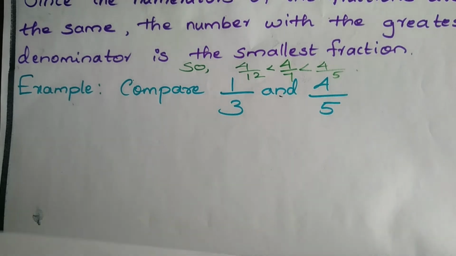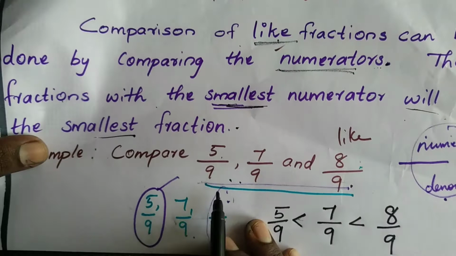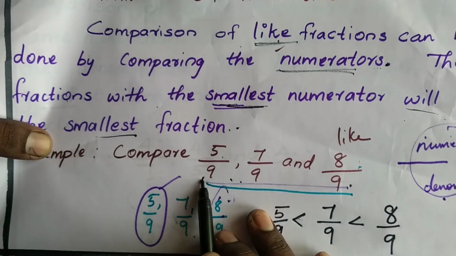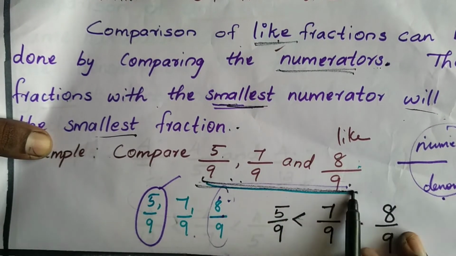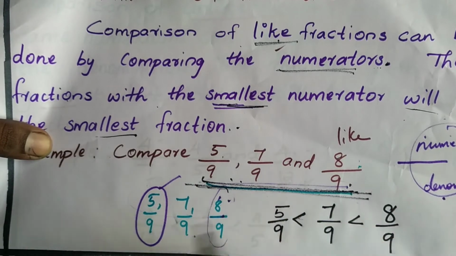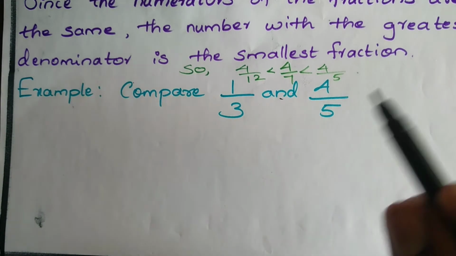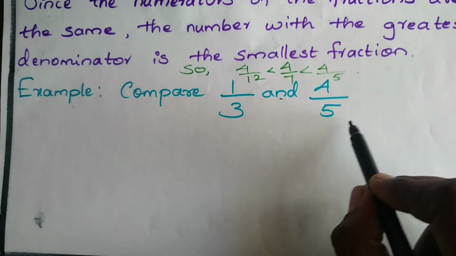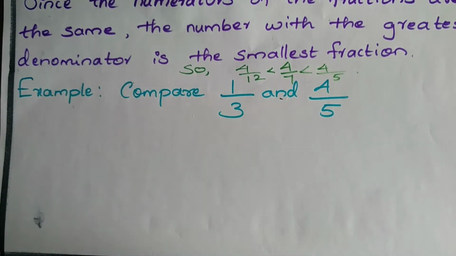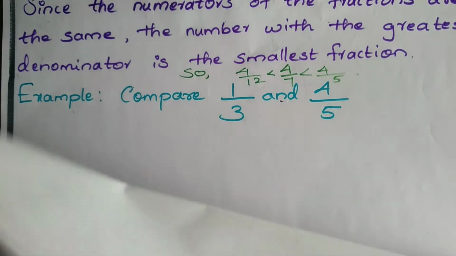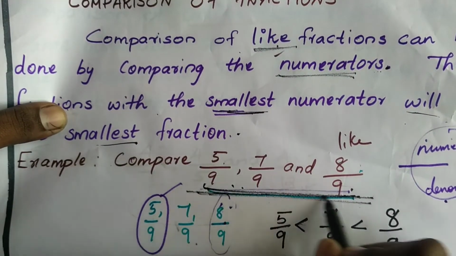Already we saw what a like fraction is: the denominators should be the same. Here it is an unlike fraction. First we want to convert this unlike fraction into a like fraction. 5 by 9 and 7 by 9 are like fractions.